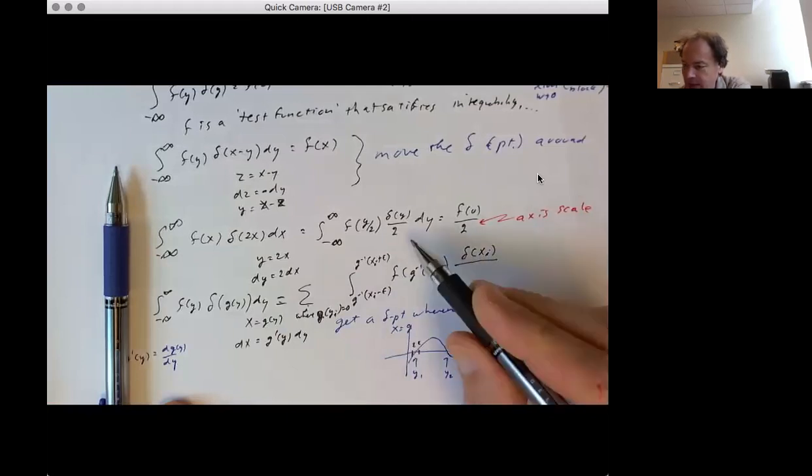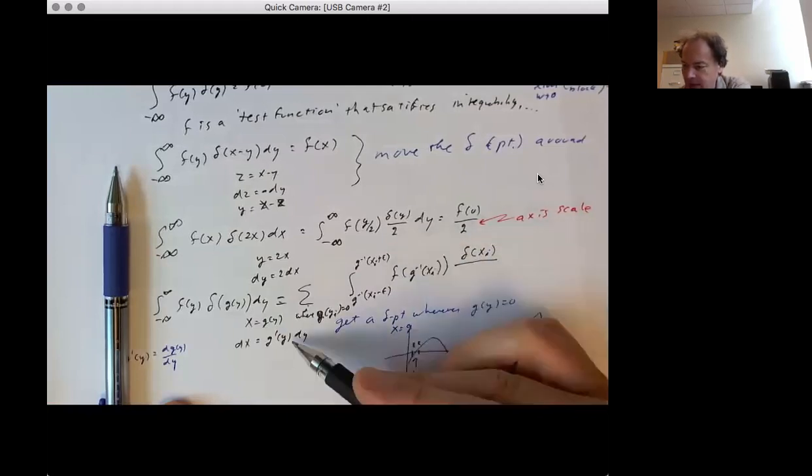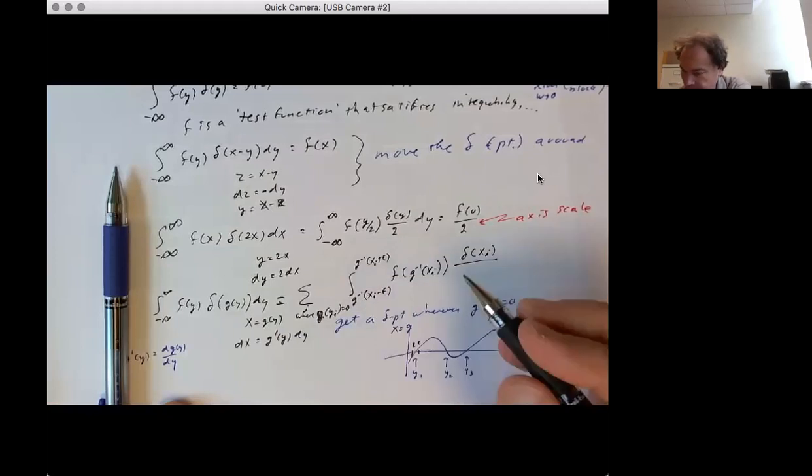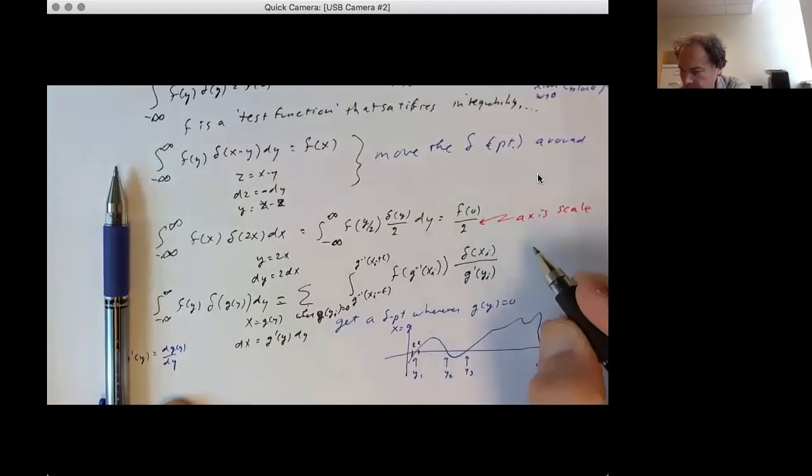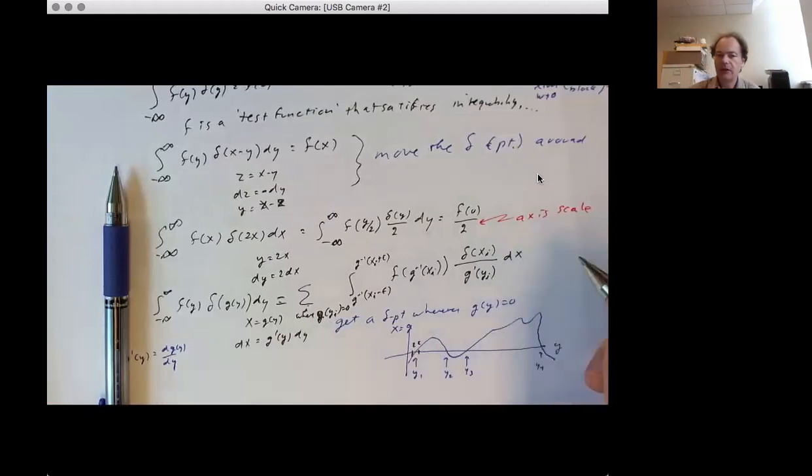And as above, we find that if this is here, we have to put g prime of y_i, the first derivative, in the bottom, integrating over dx. Now that looks to you pretty good, huh?